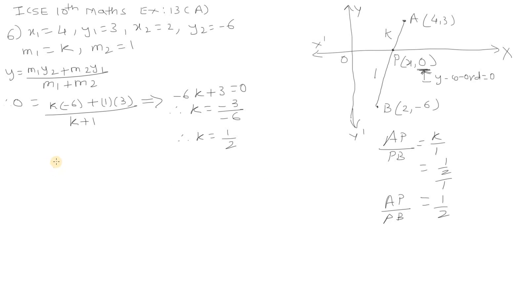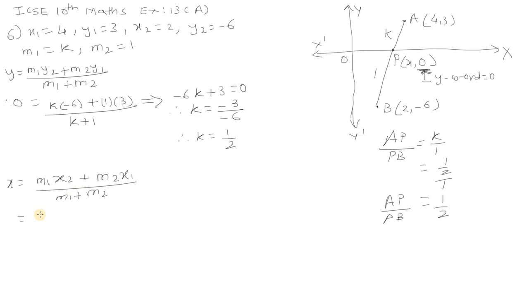And we need to find the x coordinate also. Now if we know k, we can easily find out the x coordinate. So what is x? x is equal to (m1 x2 + m2 x1) upon (m1 + m2), right?